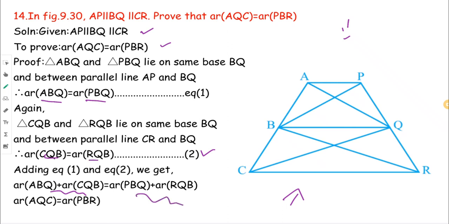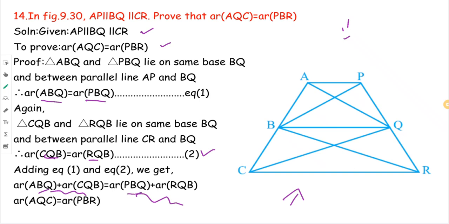Now if you look here, ABQ is this region plus CBQ. So when you add these two areas, do we get the entire AQC? We get it. Now once again, same thing on the right hand side.